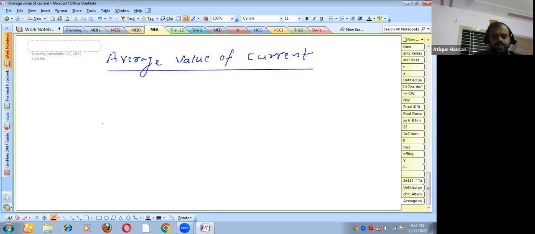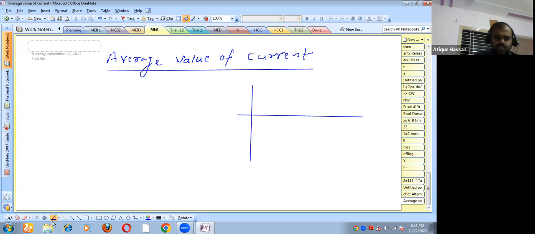So we know that generally when you take average value of an AC, it comes out to be zero. That is why RMS value was needed.